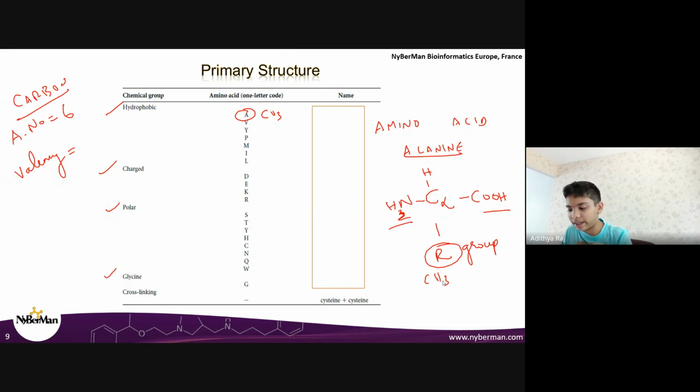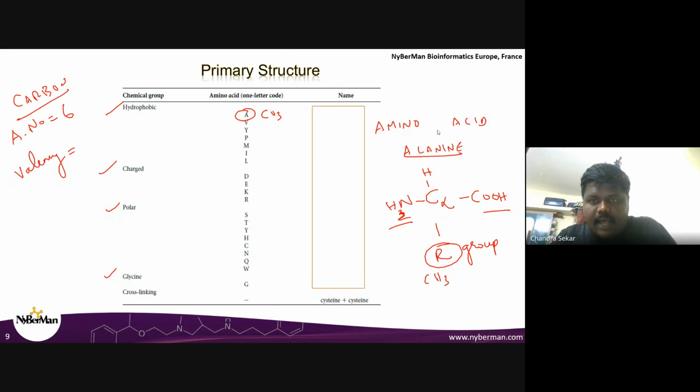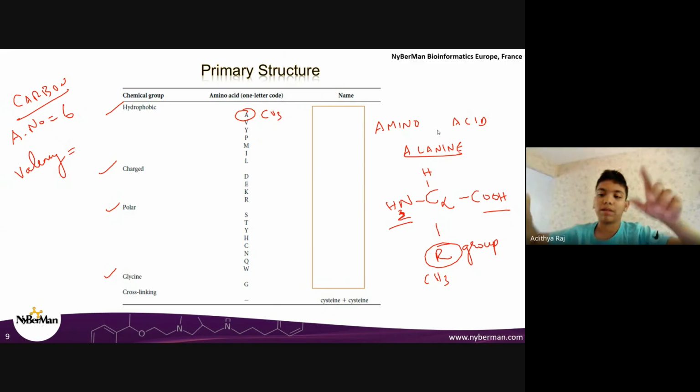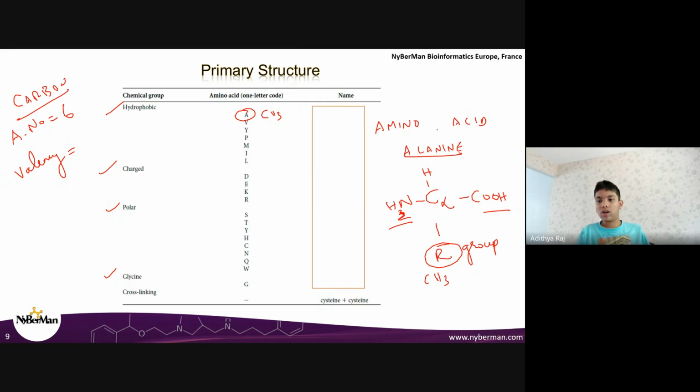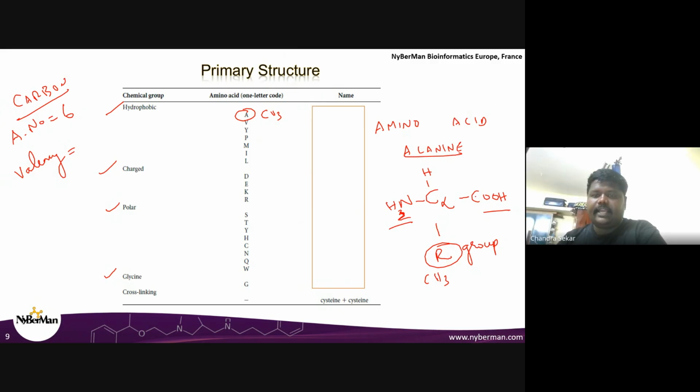Instead of COOH, what I can write is C double bond O, O minus. Why?